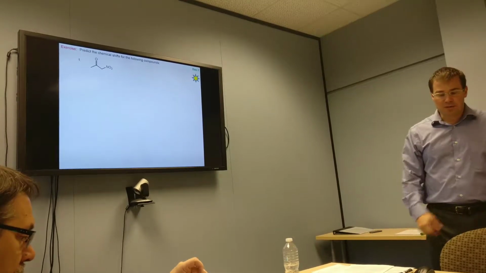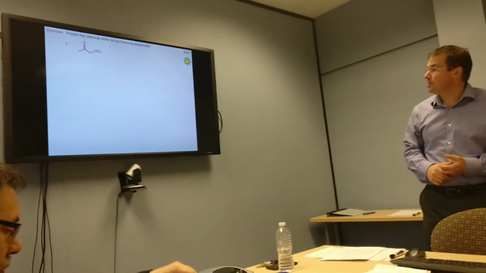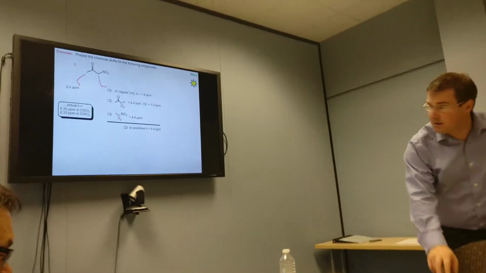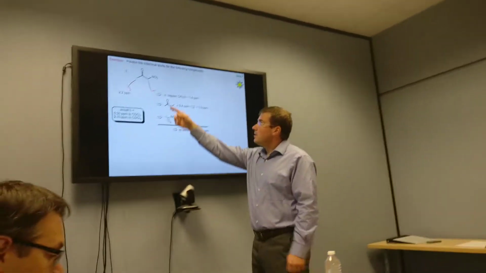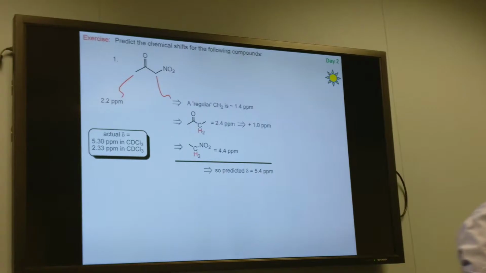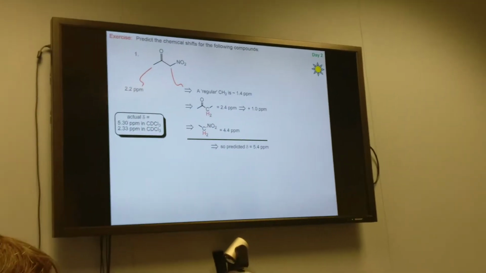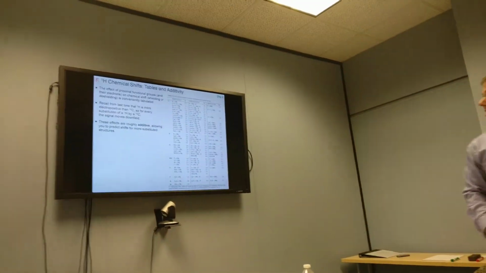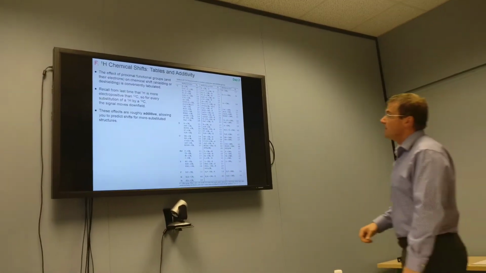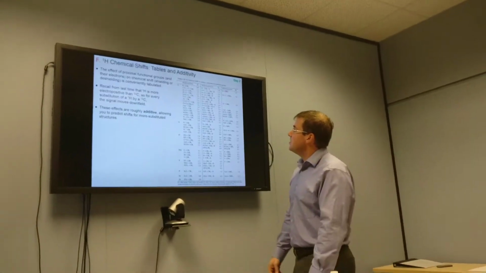Okay, so where would our likely chemical shifts appear for this kind of structure? Well, we've got a methyl ketone on the left-hand side of this molecule. And so you can either look up in your book where a CH3 next to a ketone appears.